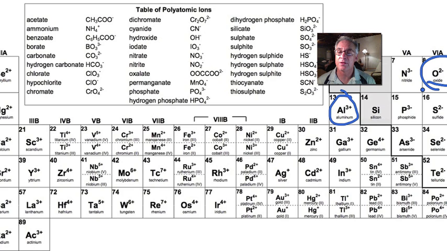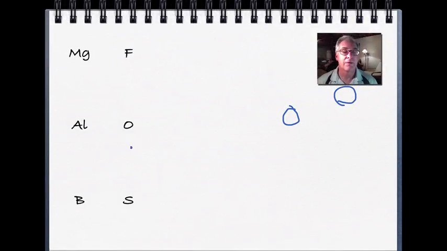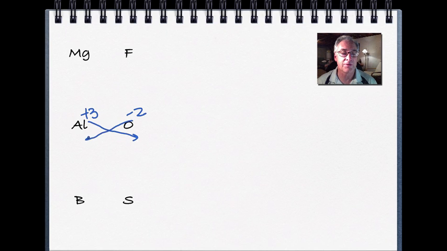So a +3 and a -2. So in this particular case, we crisscross this way, crisscross that way.